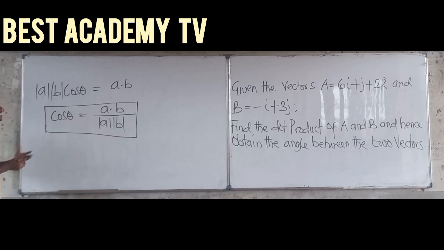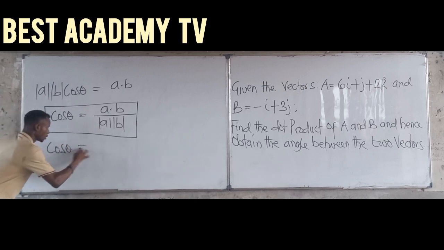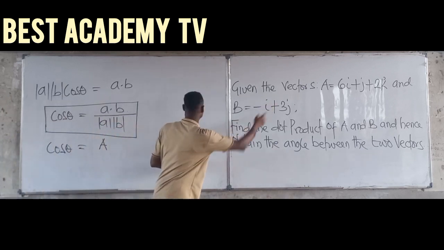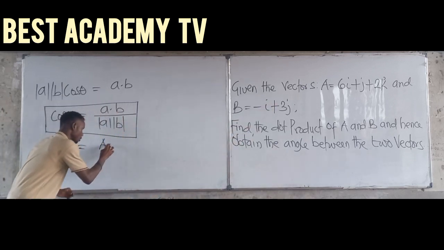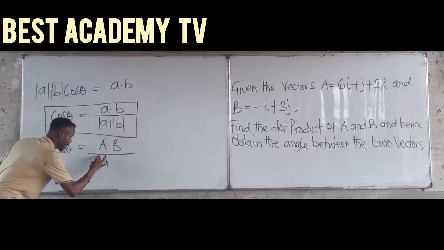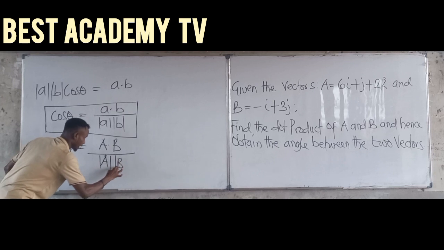So now to find this particular question here, since it's a basic question, our cos theta is going to be equal to A dot B, all divided by A magnitude times B magnitude.